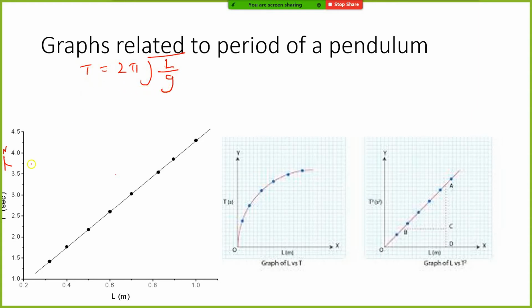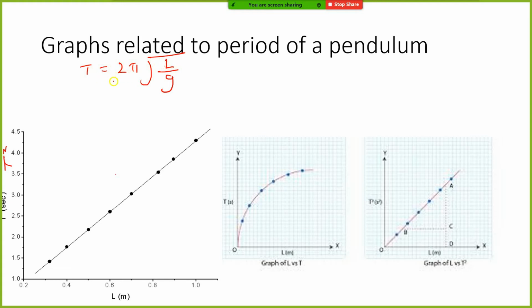Because we're plotting t squared, the two variables in this equation that we're actually measuring are T and L. g is a constant, 2 pi is an arbitrary number. So for this experiment, you can clearly identify the variables. It's T and L. So you know that already.